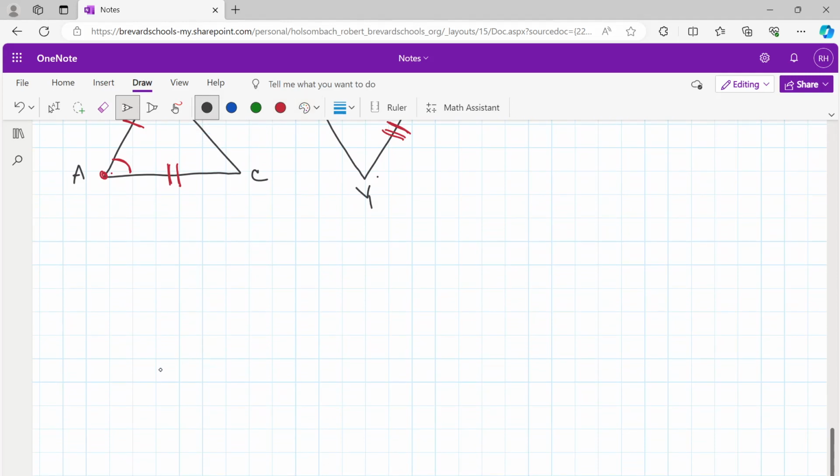So your practice for today is going to start on page 270. 16 through 19. 27 and 28. Number 35, that's over on page 272. And then 38 and 39.